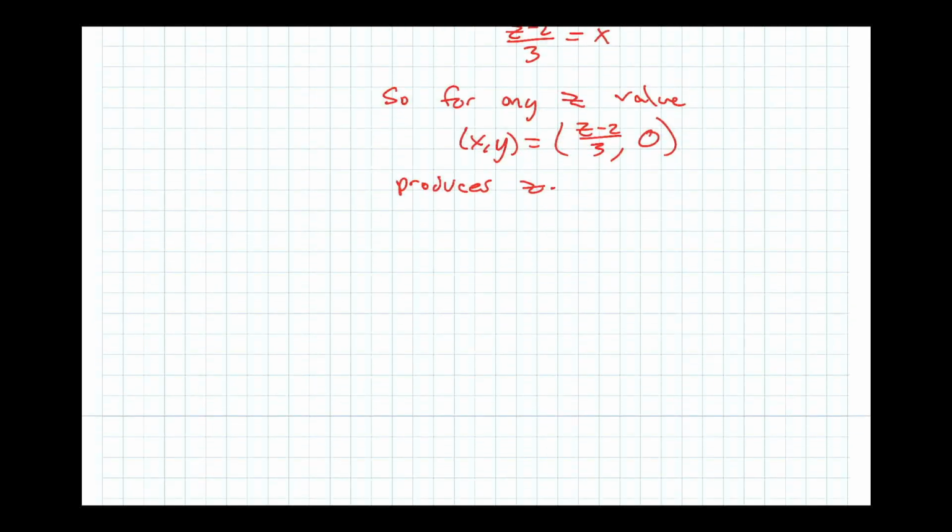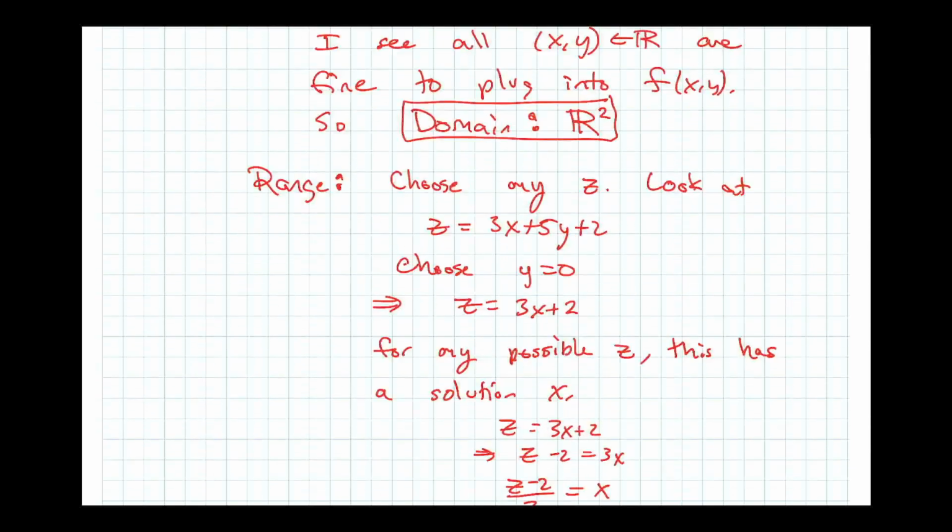And just to double check, I mean, this is way more work than you need to do. You can probably just convince yourself that if you look at this function, could you get big negative numbers from this? Sure. Could you get big positive numbers from this? Sure. Is there anything that you can't get from this?